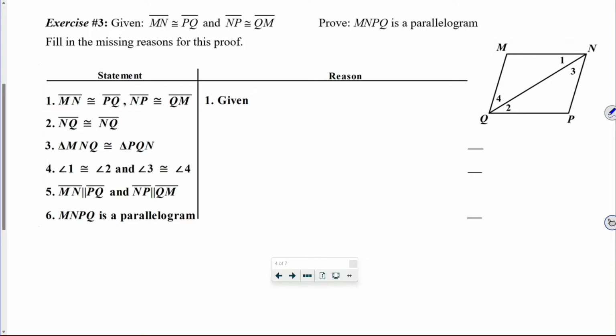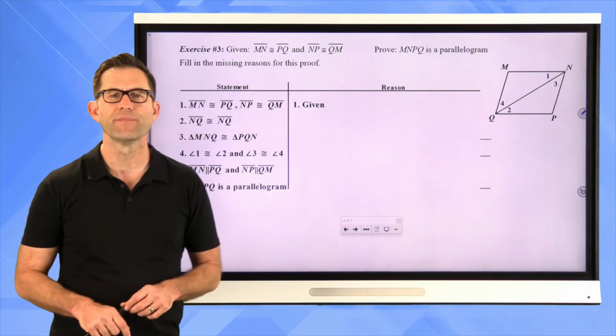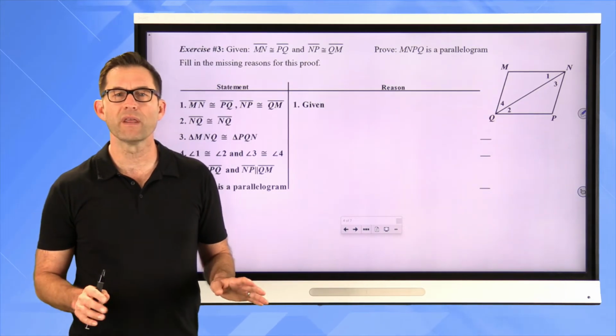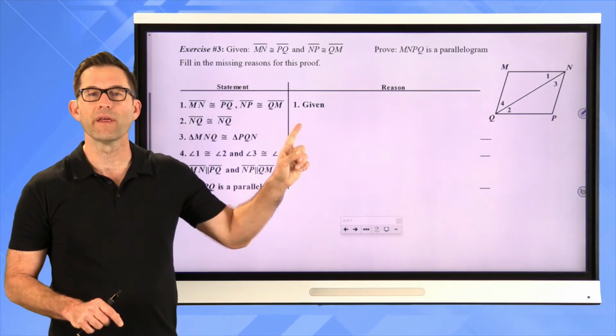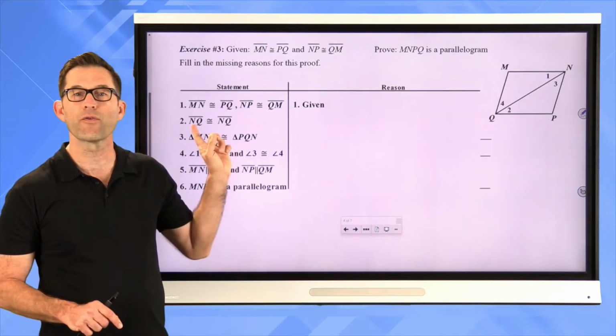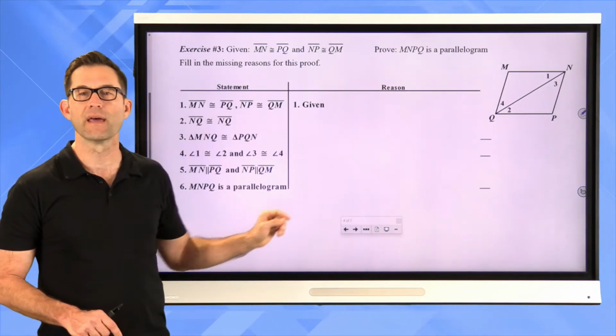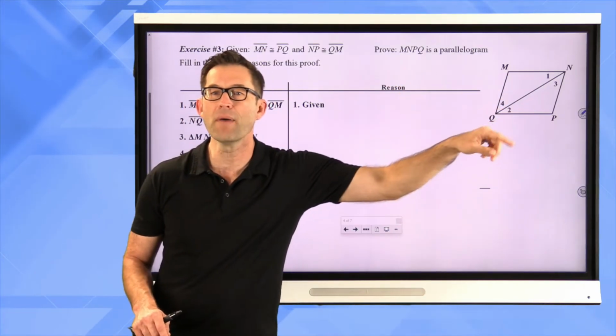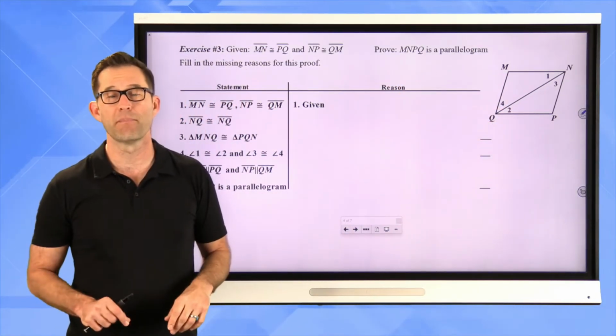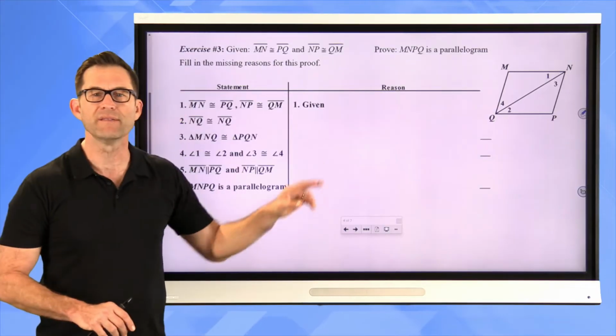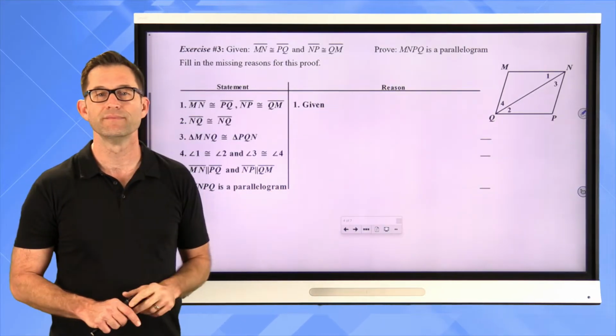Fill in the missing reasons for this proof. All right. Well, what I'd like you to do is pause the video now and see if you can fill in all the missing reasons that go from that step 1, where we've got our givens, all the way to that final step where we are able to conclude that MNPQ must be a parallelogram. Pause the video now and see if you can fill in these reasons.